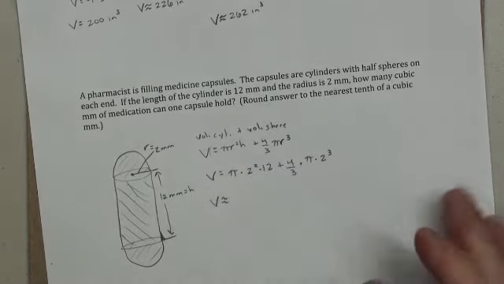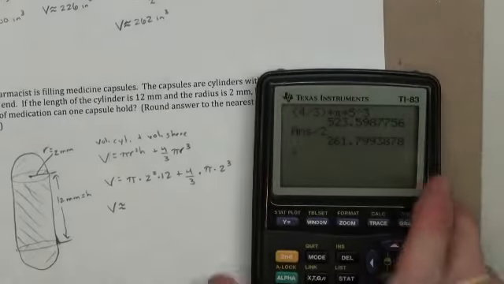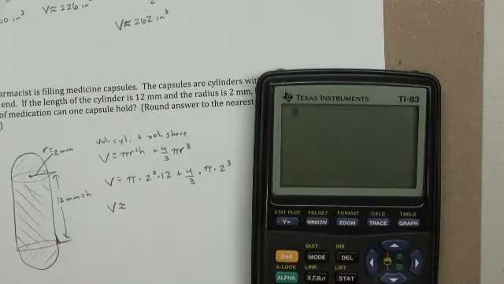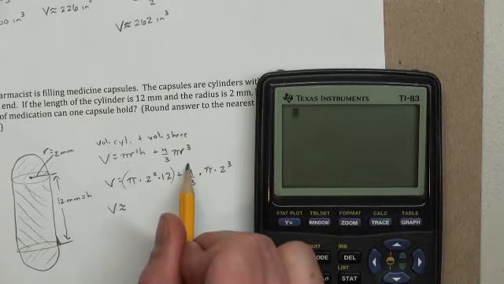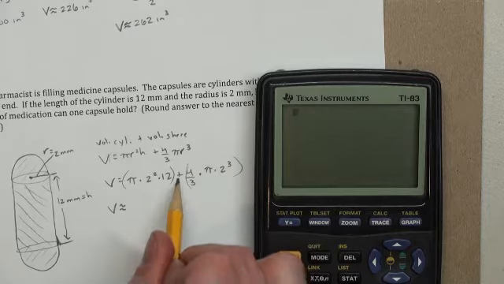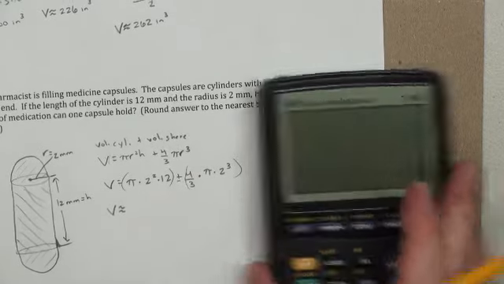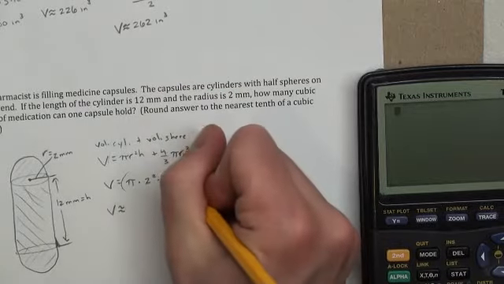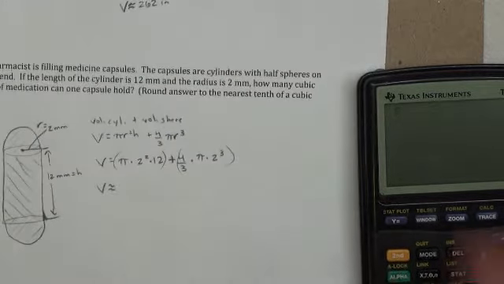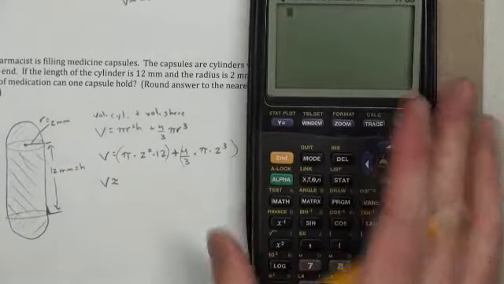So the volume is approximately, we're rounding to the nearest tenth, let's just do this slow. What we have to do is this first part in parentheses and then the second part, because we're adding in the middle, okay? So we have to make sure we put the first part in parentheses and the second part in parentheses. So this is how we're going to do that.